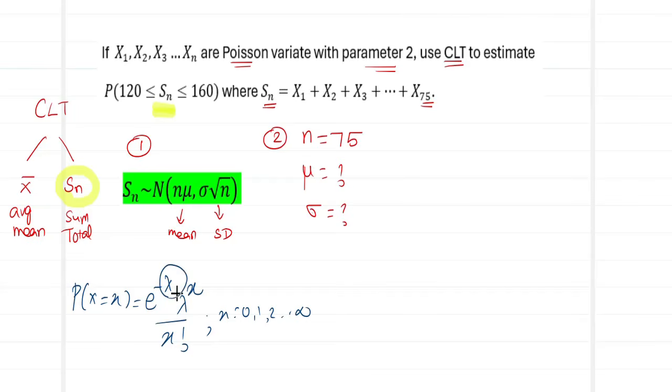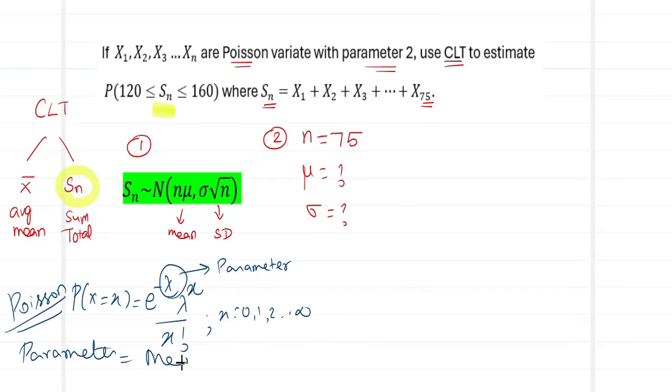What is lambda over here? Lambda is called the parameter of the Poisson distribution. This Poisson distribution has a speciality that the parameter is the same as the mean, which is the same as the variance.